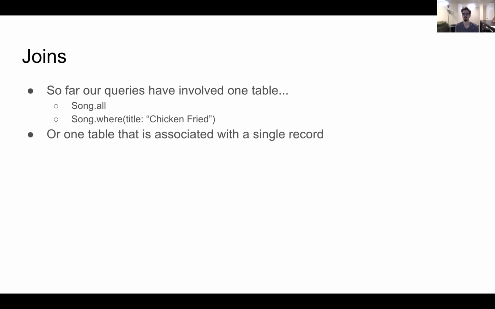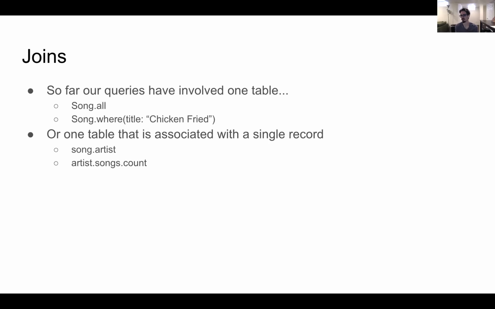We've also done queries that deal with one table that is associated with a single record. We've talked about associations a lot this pod. Something like song.artist uses my artist association on my song model to grab an artist. Or something a little more complicated, artist.songs.count: how many songs does this artist have? The key there is that we're dealing with two tables in a way.